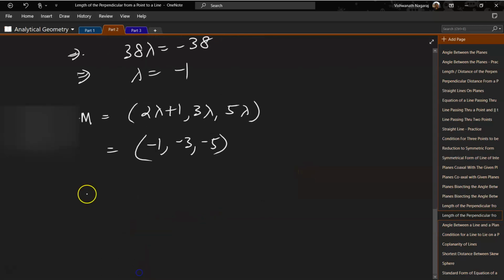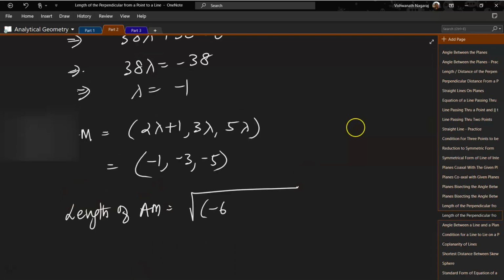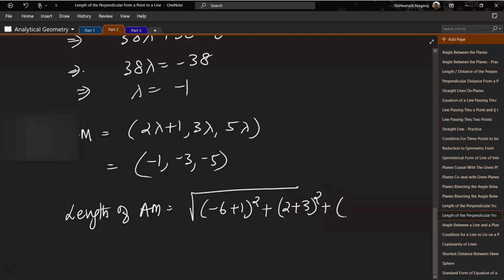And now the length of AM would be what? So minus 6 minus minus 1, so plus 1 squared. Plus, then what do we have? 2 minus minus 3, so plus 3 squared. Plus, then what do we have? We have minus 6 minus minus 5, so plus 5 squared.